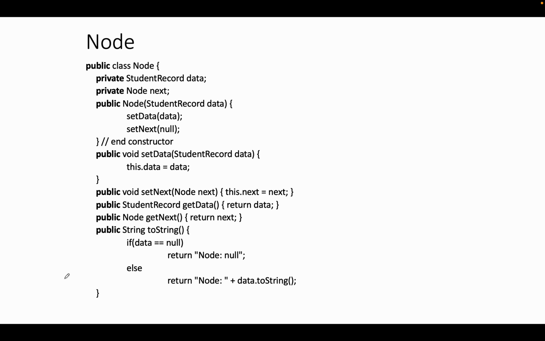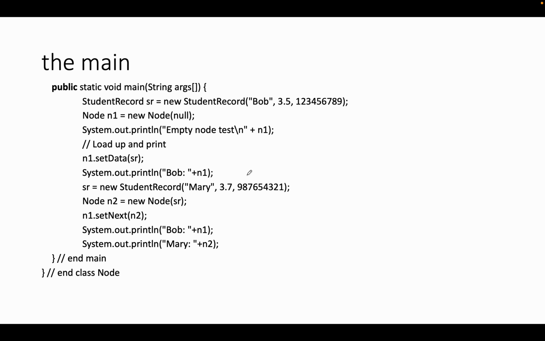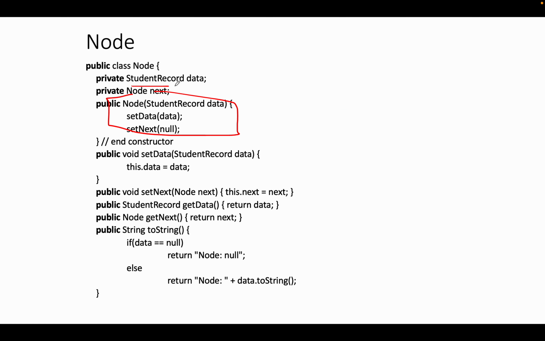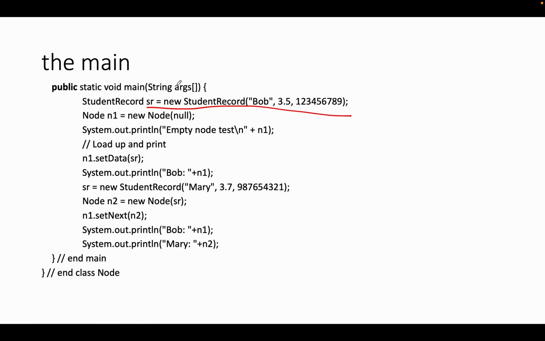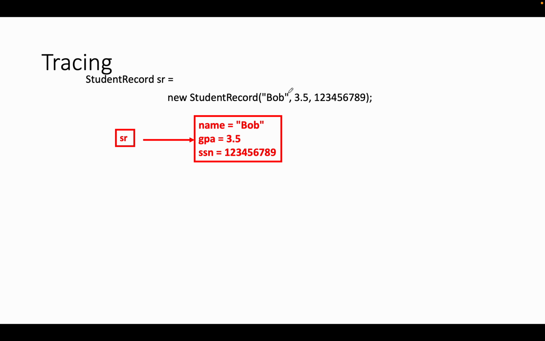And here is an example of the student record. We create the node which has data and next, and inside the node we get some information of the student data, called SR, which represents the student record. The student record data is name, GPA, and SSN.